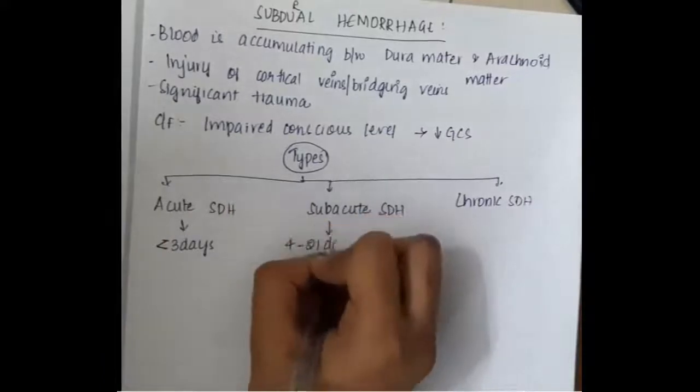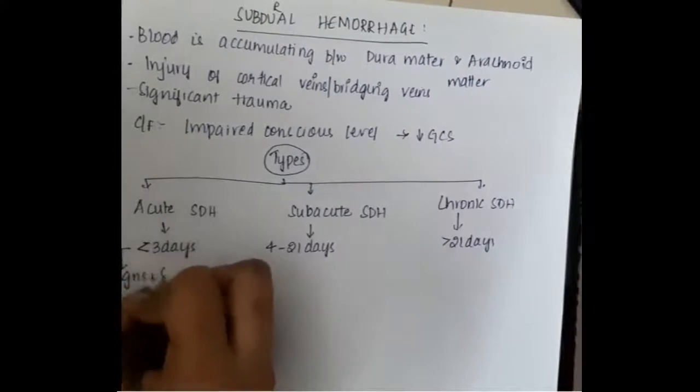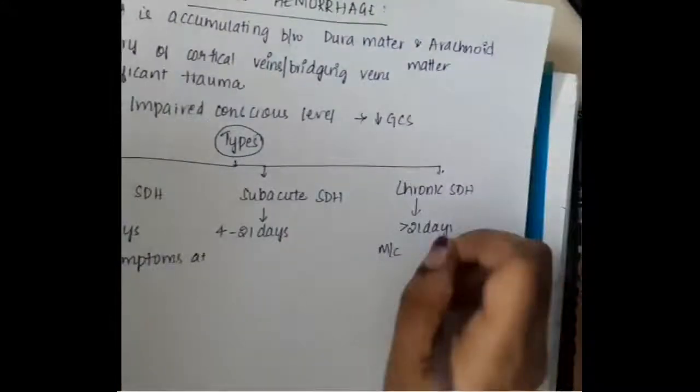Acute subdural hematoma occurs in less than 3 days. In subacute subdural hematoma, the symptoms occur in 4 to 21 days, whereas in chronic subdural hematoma, the symptoms occur after more than 21 days.